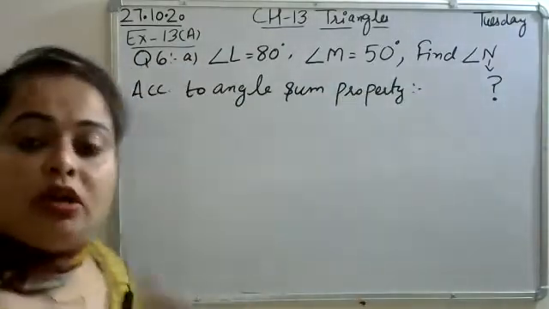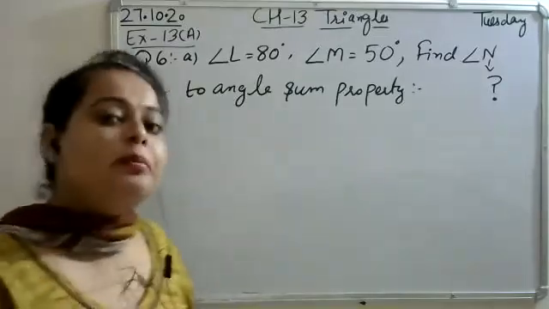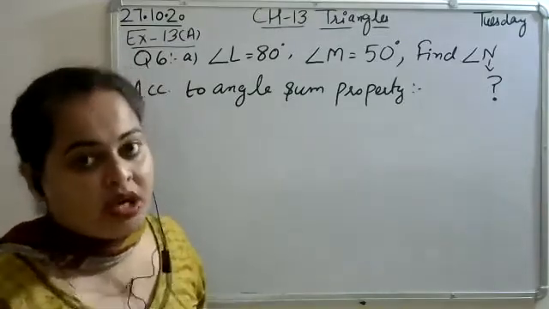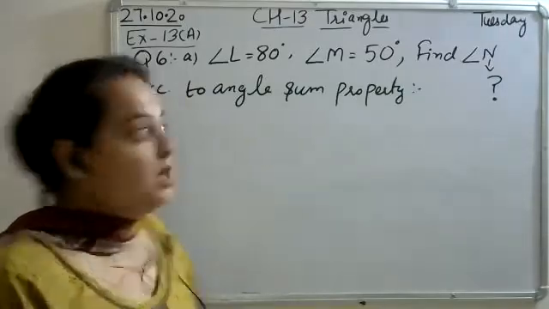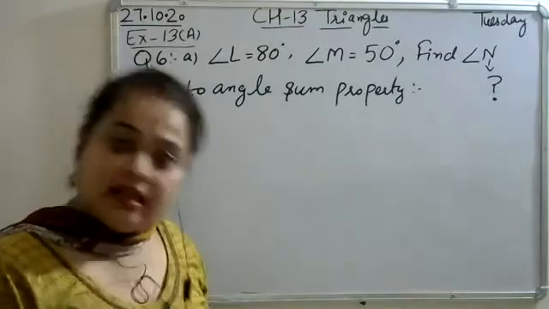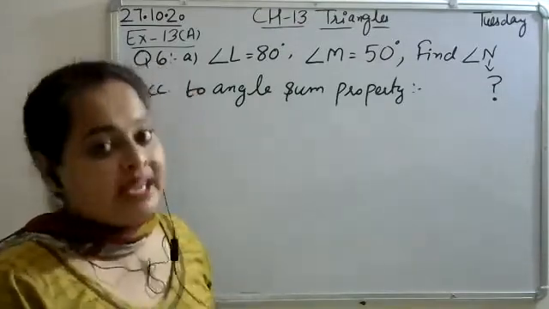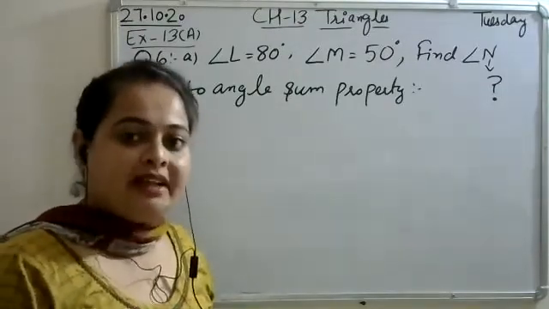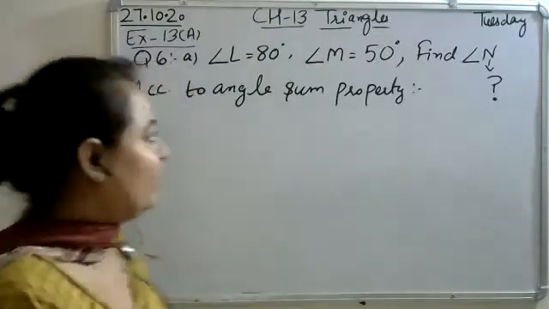Students, we have done only two properties, angle sum property and triangular inequality. If angles are given, then we will apply the angle sum property. If sides are given, then we will apply the triangular inequality. Very simple.